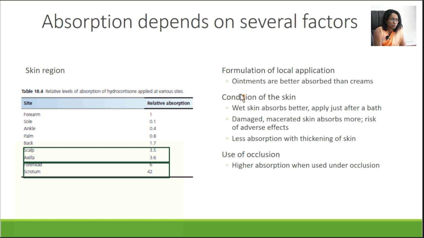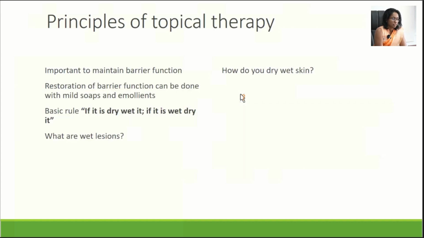Remember, whatever you apply on flexural skin, the absorption is about 4 times that of the forearm. So when you are going to decide on a local application for flexural lesions, please remember this, right?